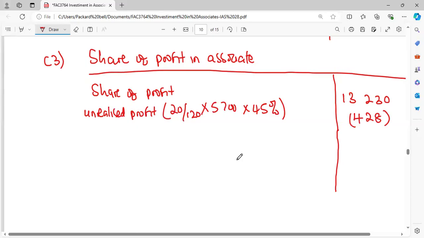Then tax on unrealized profit, let's use the 28% which they use there. It's going to be 428 times 28%. Then how much are we going to have there? 120. What are we going to do with the 120? Add or subtract?